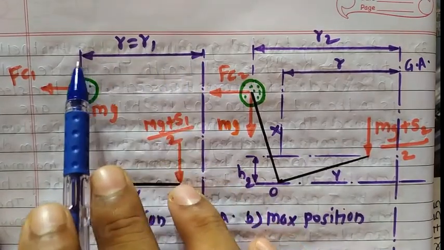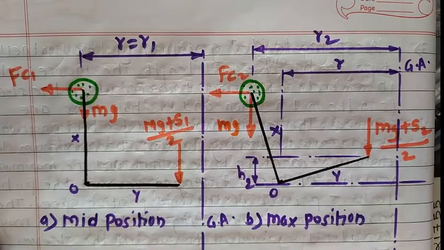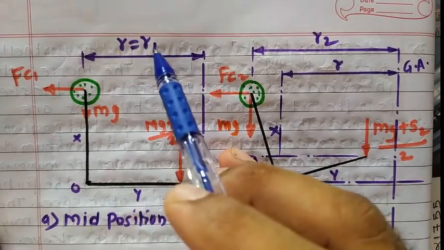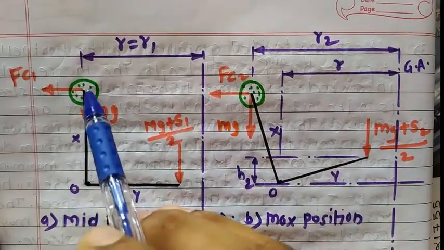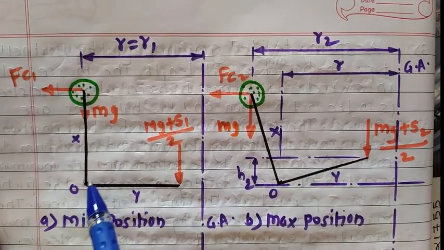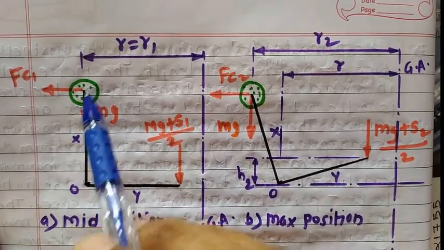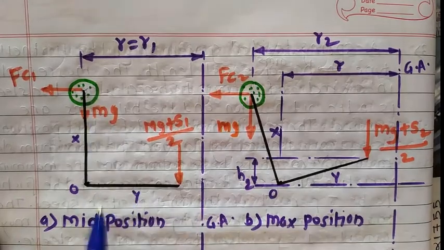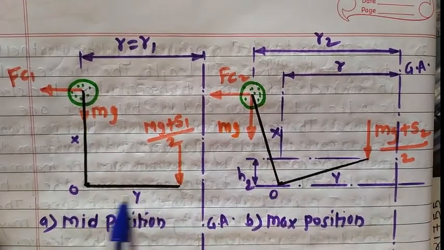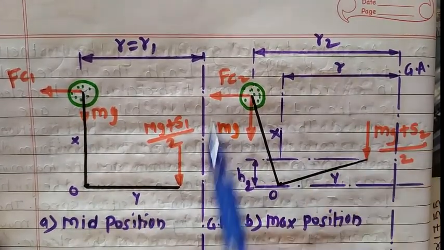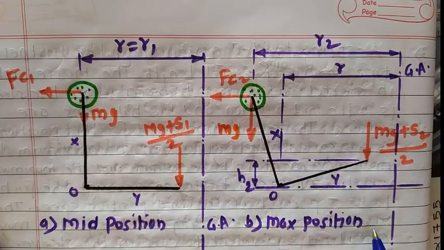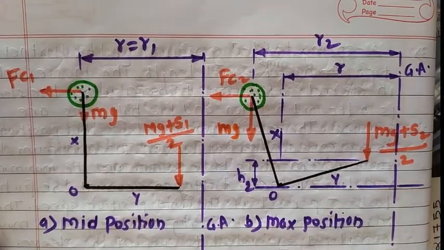In this case the mid position is shown, which means the radius of rotation r and r1 are the same, and x indicates the length of the ball arm. Then there is the sleeve arm. Similarly, for the maximum position you can develop a diagram like this one.